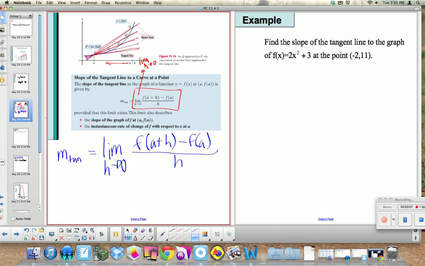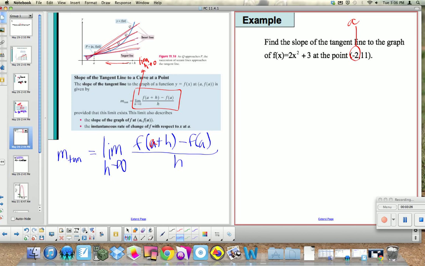So m tan, that's why I wrote it that way: m for slope, tan for tangent. In our case, we always want to remember that a is the x value that we're looking at. So in our case, a is negative 2.